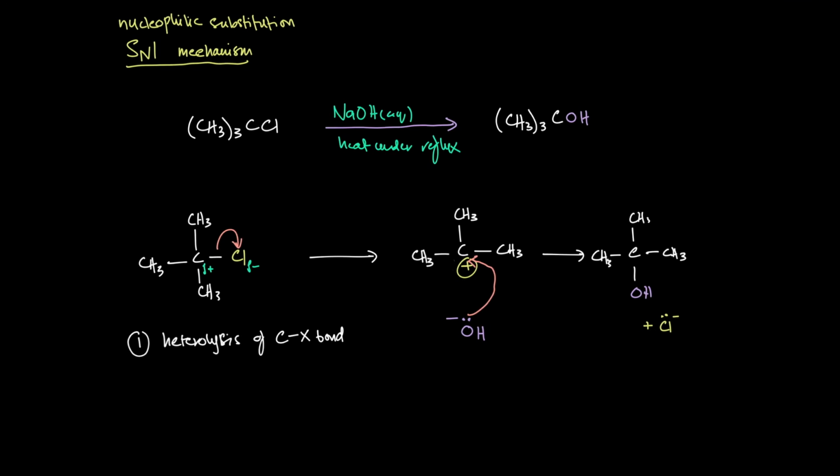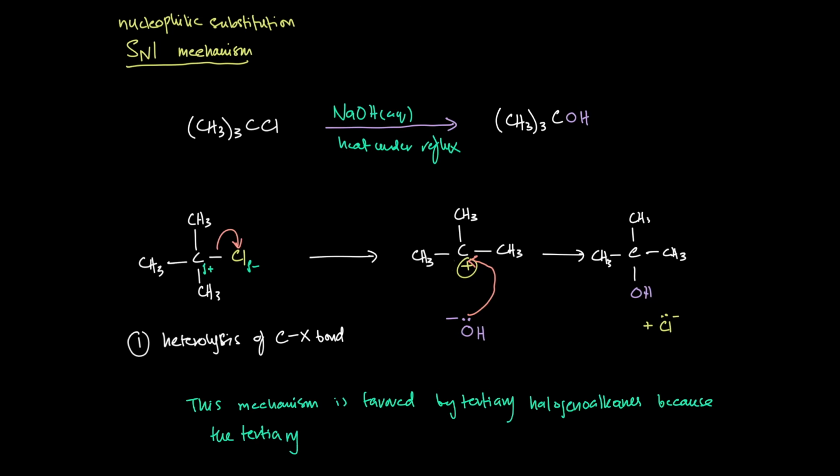So the question here is, this mechanism is favored by tertiary halogenoalkanes because the tertiary carbocation intermediate is more stable than the secondary and primary carbocation intermediates.